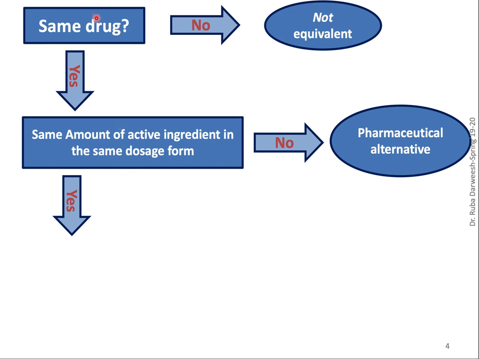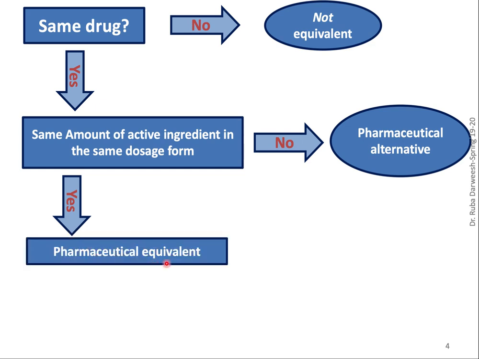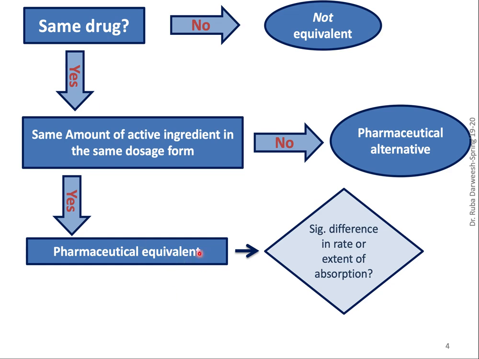If we have the same drug with the same active ingredient and the same dosage form, then we are talking about pharmaceutical equivalent products. Then we ask ourselves if we have significant differences in the rate and extent of absorption, or the amount or rate reaching systemic circulation, not just absorbed, reaching systemic circulation.